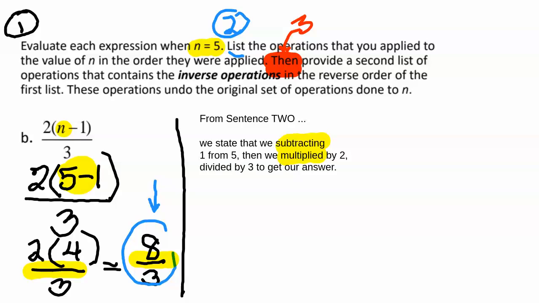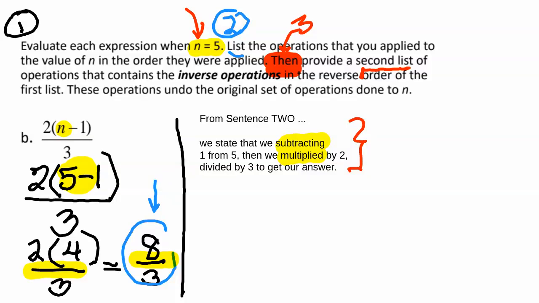This is the third part. The third sentence. Then provide a second list. Well, if you get this one right, you've got the third sentence because you are doing the opposite. Okay? Because you're taking the answer and going back so that we prove that n is equal to 5.